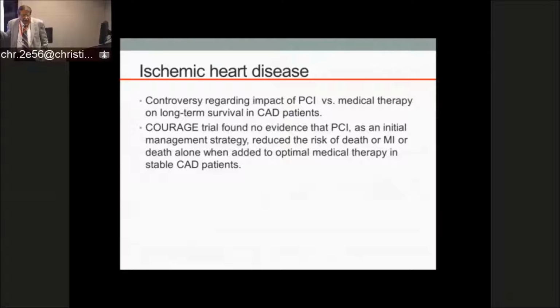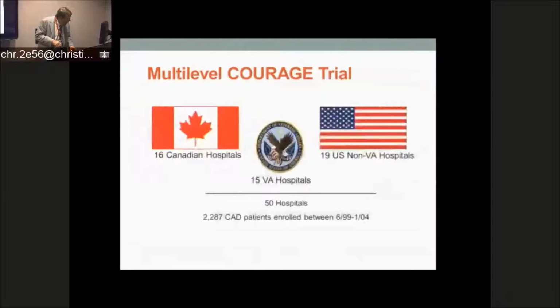The basic finding was that there was no difference as far as long-term mortality, long-term survival, that you could attribute to PCI. Well, this caused a big stir in the cardiovascular world, but there was a lot of controversy about that. So let me go over the COURAGE trial first.